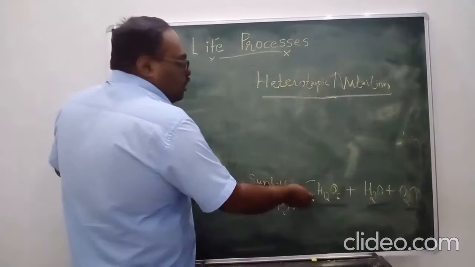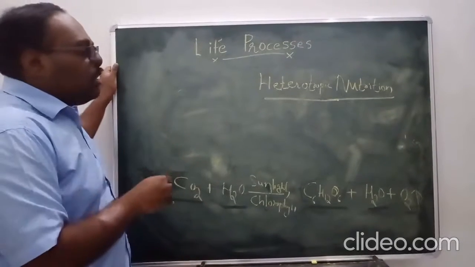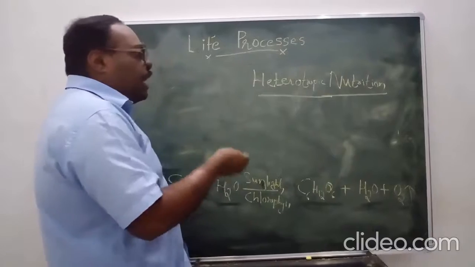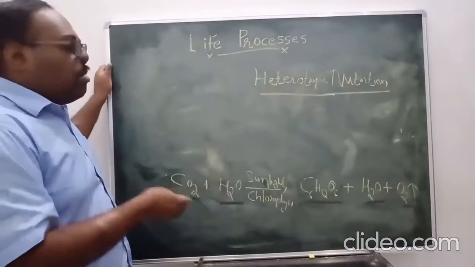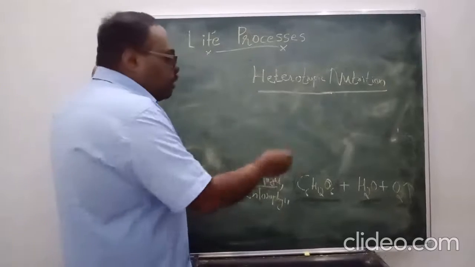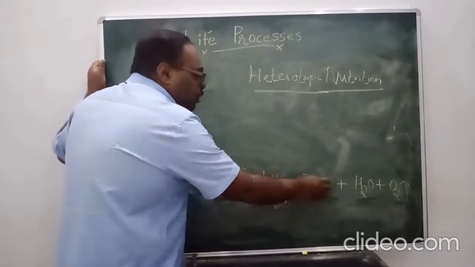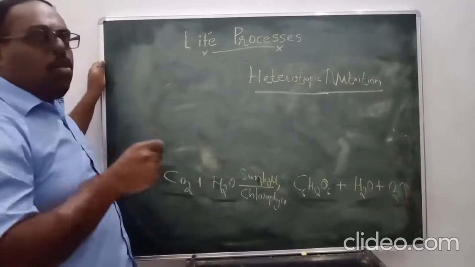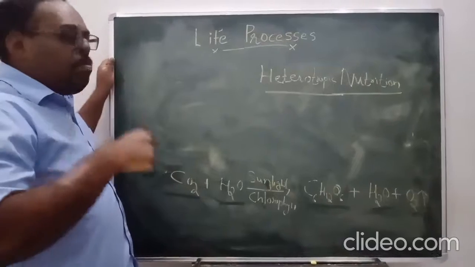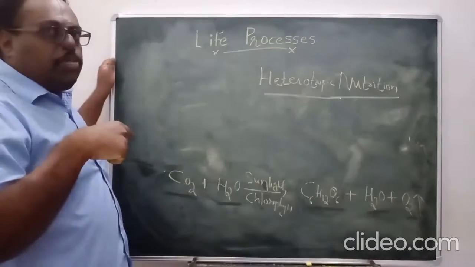This starch will be taken by some animals as food, or these plants will be directly taken by humans, plus the animals that eat these plants. The plants which have produced this starch will have a certain amount of starch present inside them, and we humans depend upon those organisms for our energy.